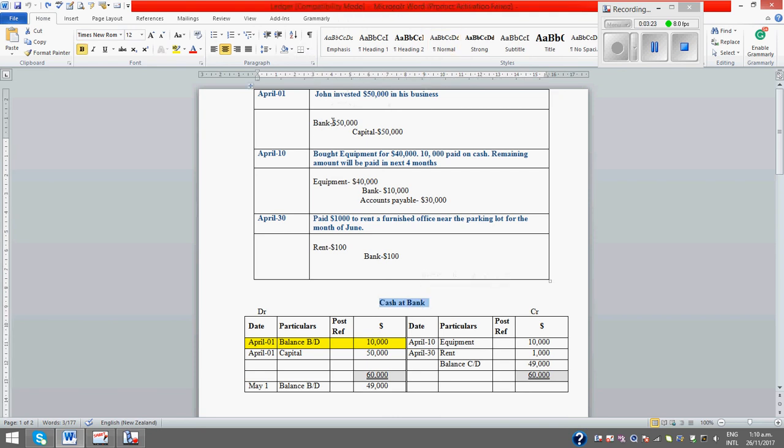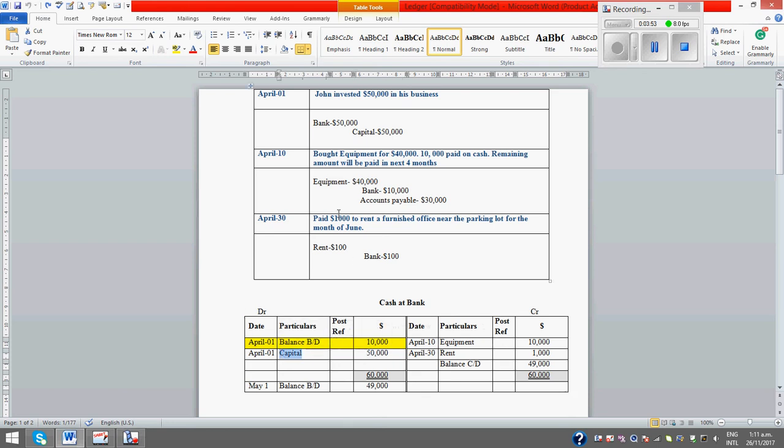So that's why that $50,000 would be here. And for the capital, you just look at the opposite entry. So bank debit, the opposite entry is capital, which is credit. Then you write that $50,000 under here. So it means cash at bank has been increased by $50,000 as capital.